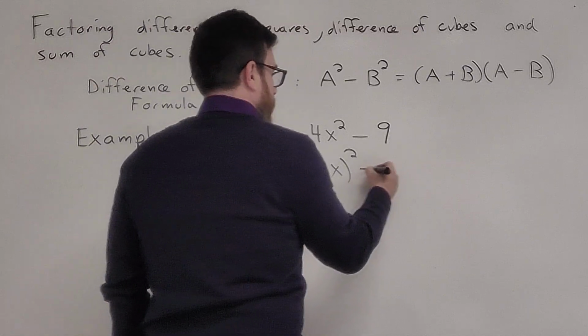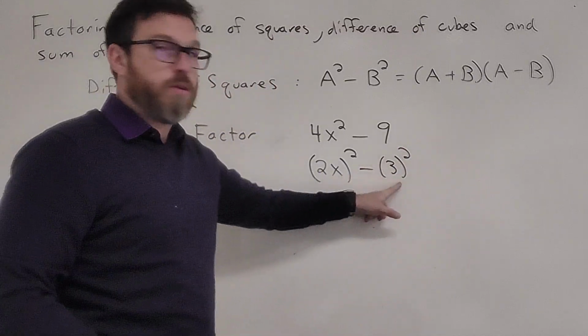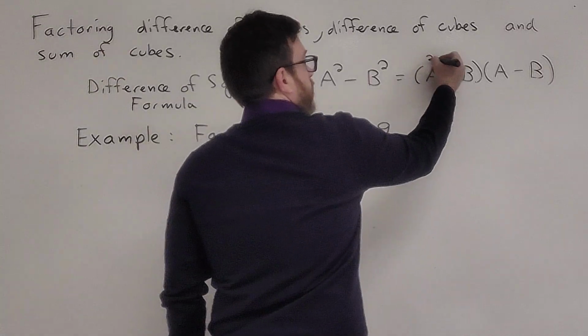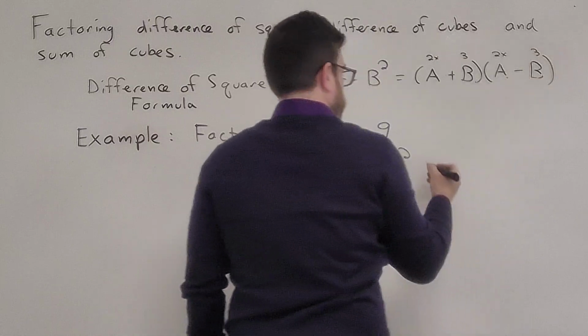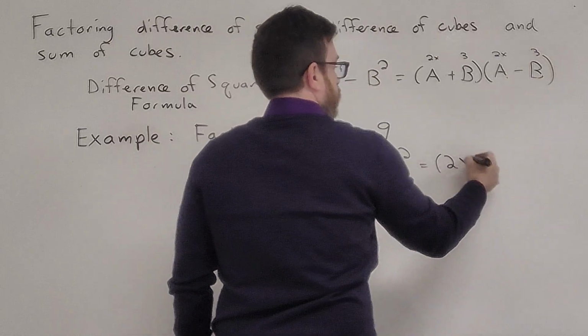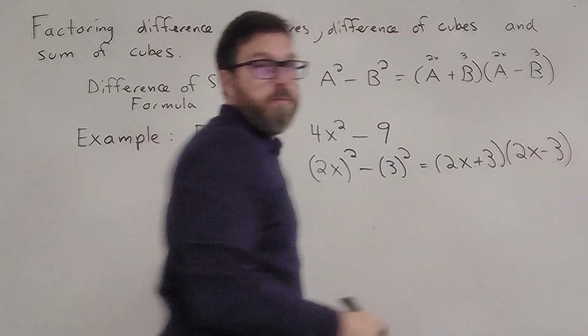And then 9 can be written as 3 squared. So we can see that this would be equal to a, and this would be equal to b. Our 2x is our a, our b is 3, so 2x and 3 here. So this is going to factor to 2x plus 3 times 2x minus 3.